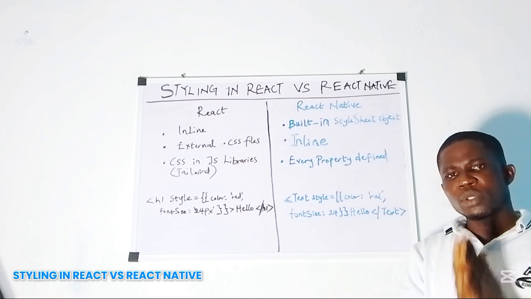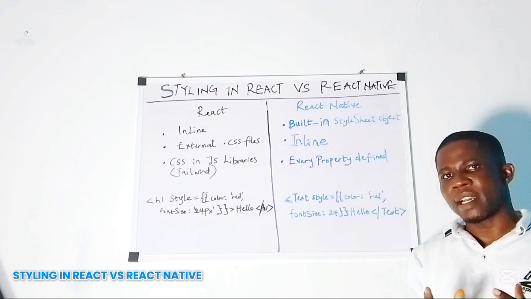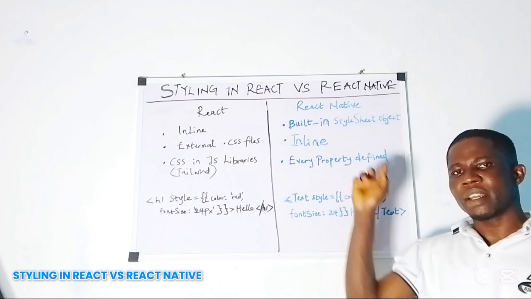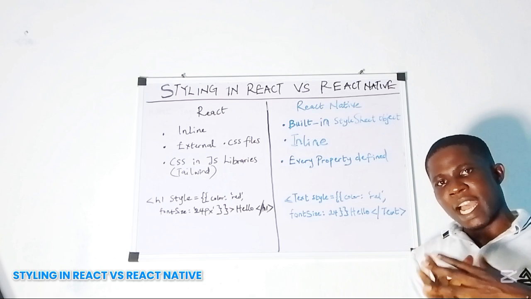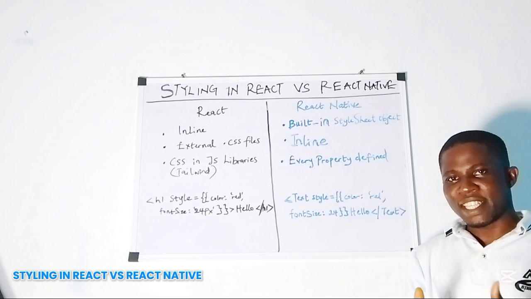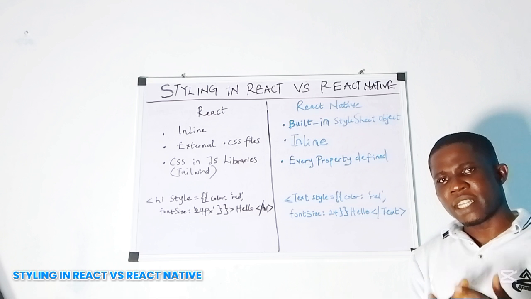But when we talk about React Native, it's a different concept altogether, because looking at what I have here, React Native does not use CSS in styling. It looks like CSS, a lot of people will agree, but it is not CSS.